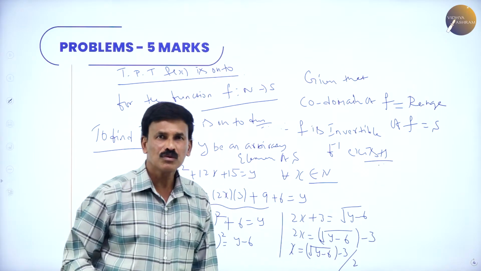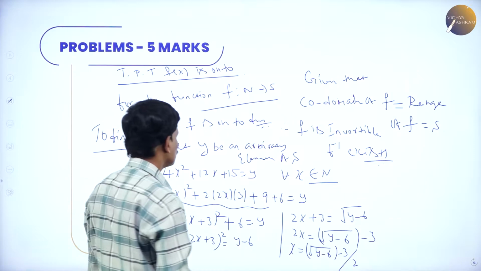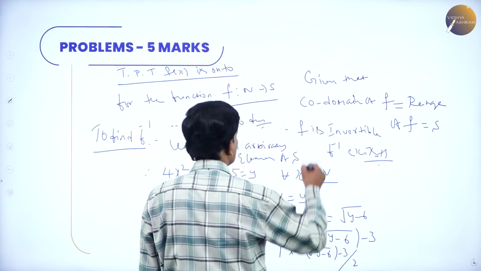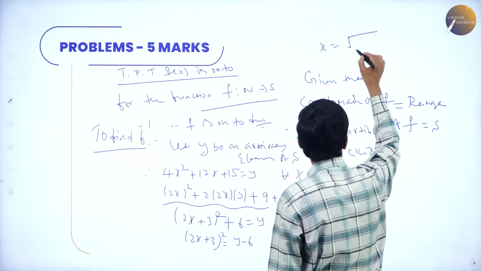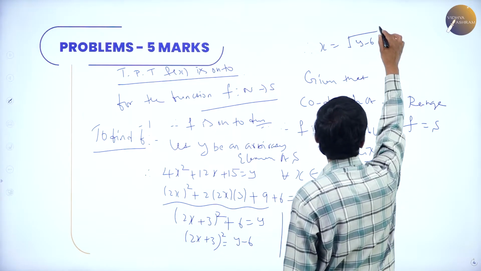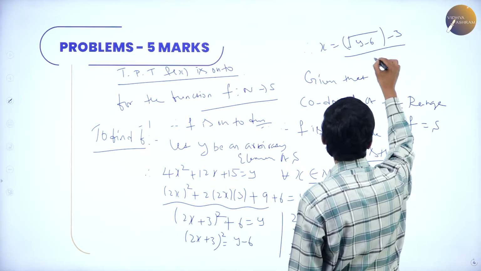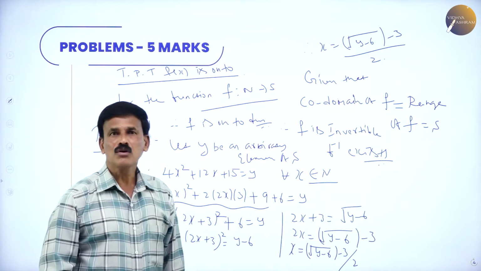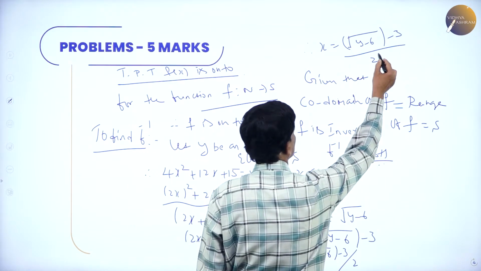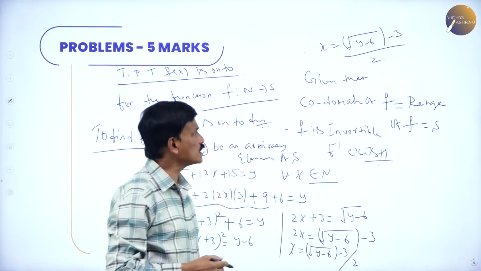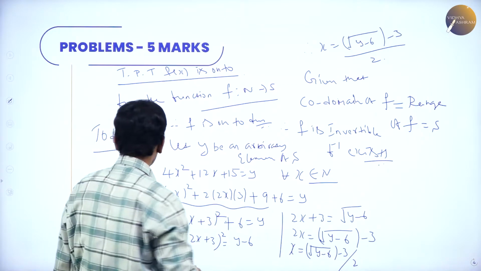Okay. Now, let me go to the next page. Therefore x is equal to (root of y minus 6 minus 3) divided by 2. Now, let us define g from S to N by this.